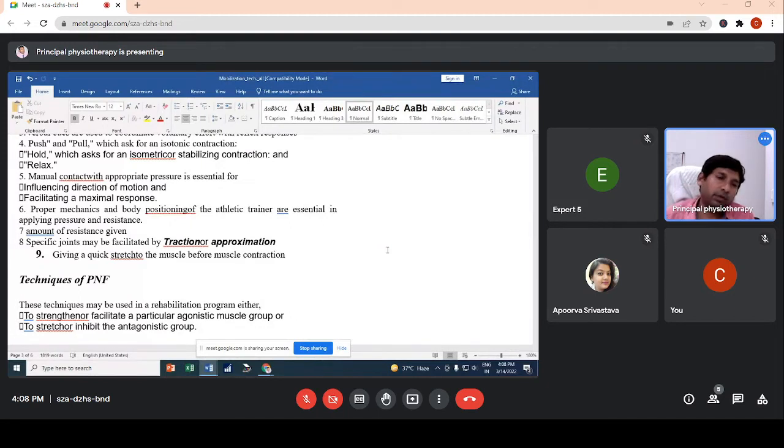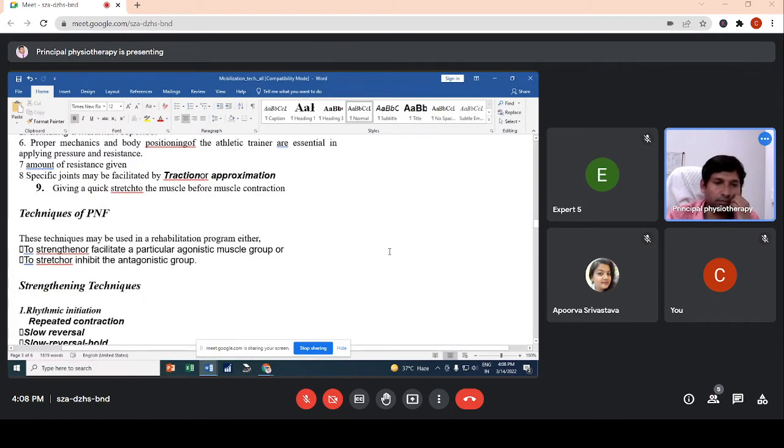These are a few principles. These techniques may be used in a treatment program either to strengthen or facilitate a particular agonistic muscle group, or to stretch or inhibit the antagonistic group.